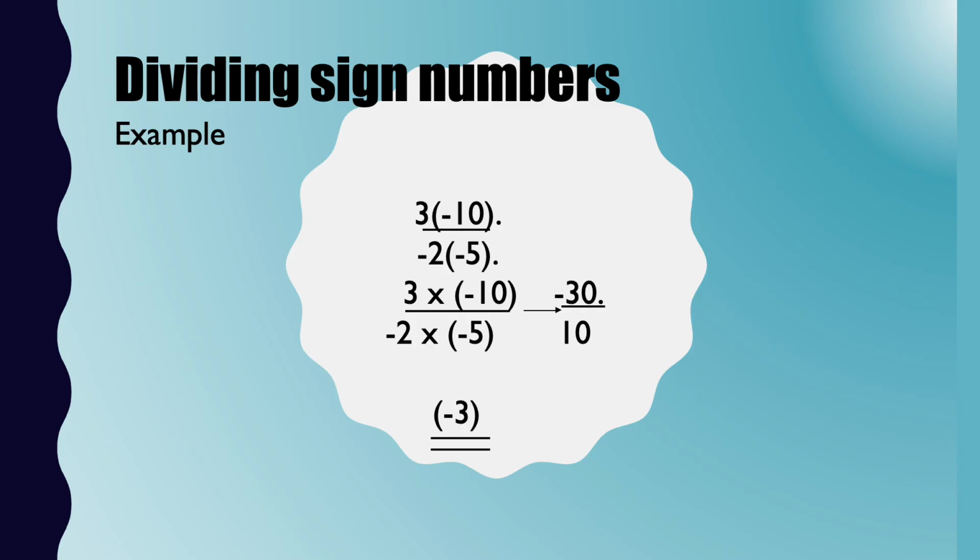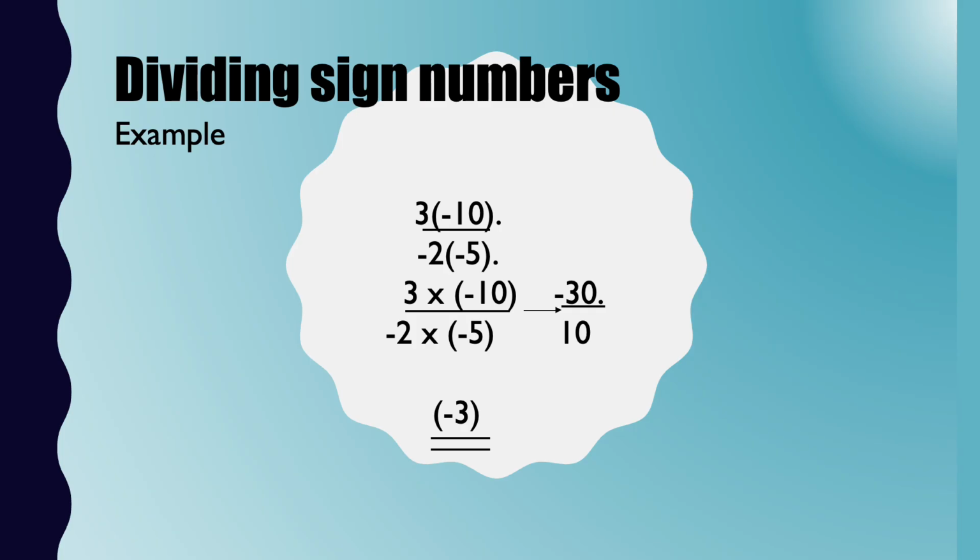Okay, let's write it again. So we are going to write 3 multiply minus 10. And under this line I'm going to write minus 2 multiply minus 5. On the other side I'm going to write the answer. Remember, first you are always taking care of the numbers. When you multiply 3 by 10, what is the answer? 30.